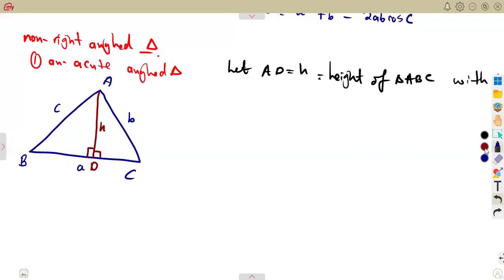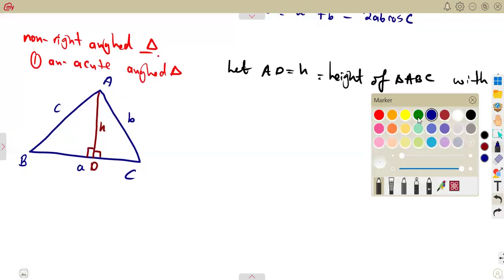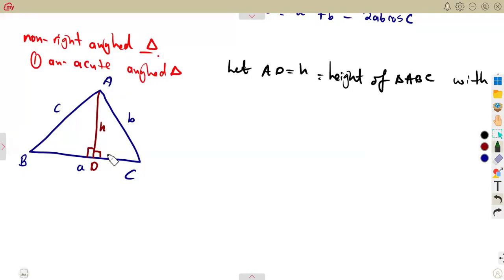But let's consider that we take this from D to C, we take this to be X. Let this be equivalent to X, which is the distance from this point to this point. Remember, this is A, which is taken from point B to point C. It is A, the distance that we are given from B to C.